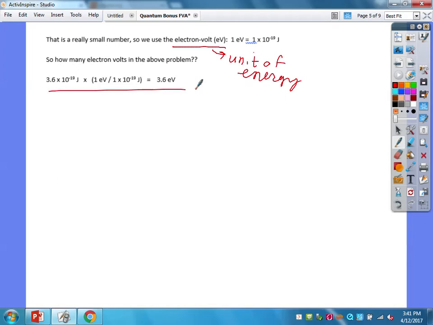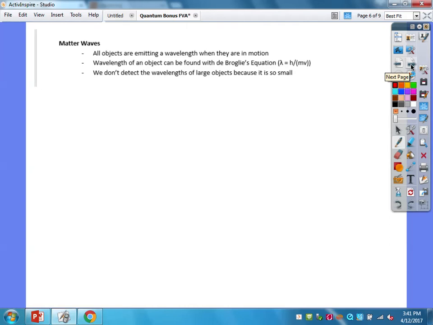I'm not going to really go over that too much. You can see basically divide 3.6 times 10 to the negative 19th by 1 times 10 to the negative 19th. And this amount of energy is 3.6 electron volts. That's a little bit more manageable of a number, a more understood number. But again, understand it's a very, very small unit of energy. Very small amount. Okay? Which you'll do in your practice. All right.